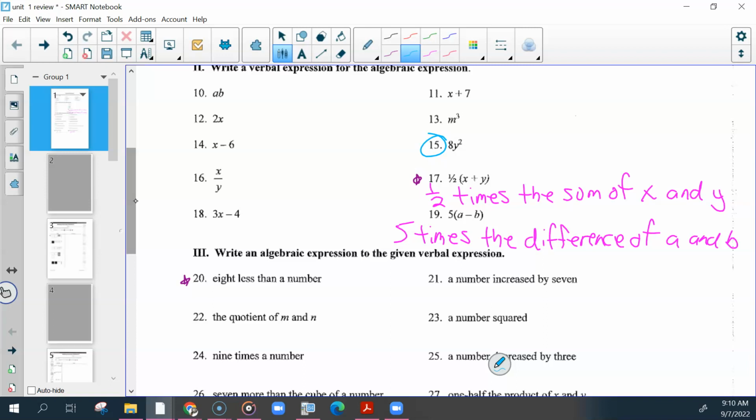There are a bunch of different ways. So you can be very specific, you can be very vague. 8 times a number squared. You could be vague and specific. 8 times a number y squared. There's so many different ways to put it.